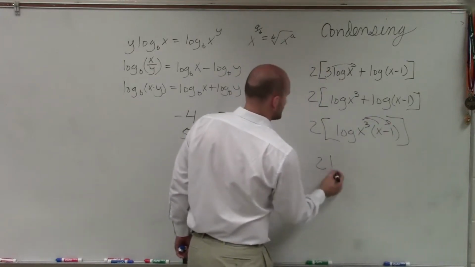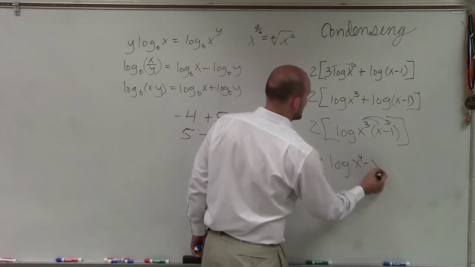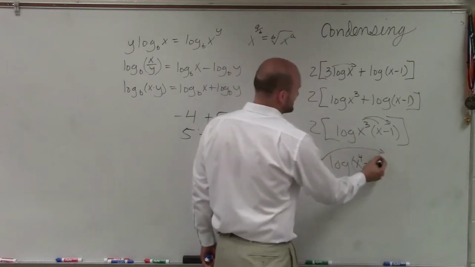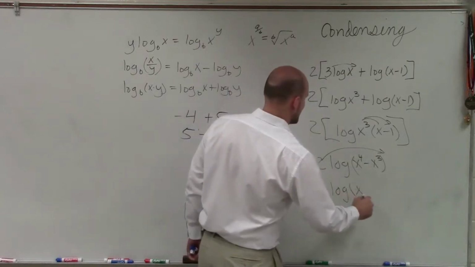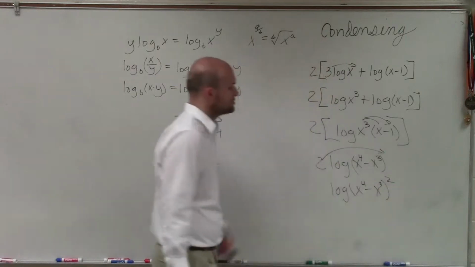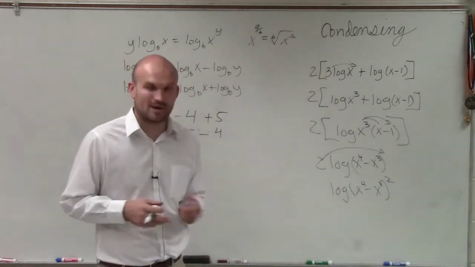So I have 2 times the log of x to the 4th minus x cubed. Then I can now take this up. Now that I have one single logarithm, my final answer is log of x to the 4th minus x cubed, squared. So there you go, ladies and gentlemen. That is how you condense a logarithm into one single quantity.